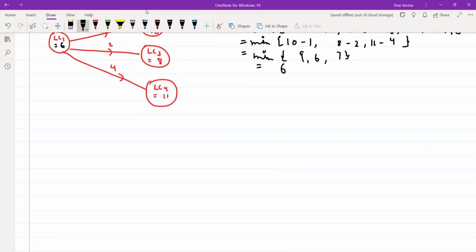The next question is: calculate EST and LCT for the following network.